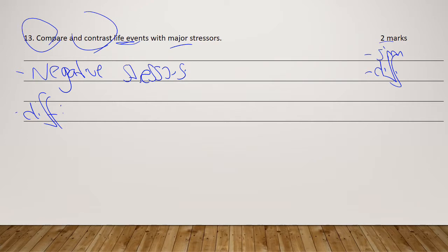Life events only affect people who are directly involved, while major stresses can also affect family or people outside of it. Major stresses can also often involve life-threatening events, whereas life events do not, okay? So there are lots of different ones that you can think about. Remember, just use that mind map that we went through.